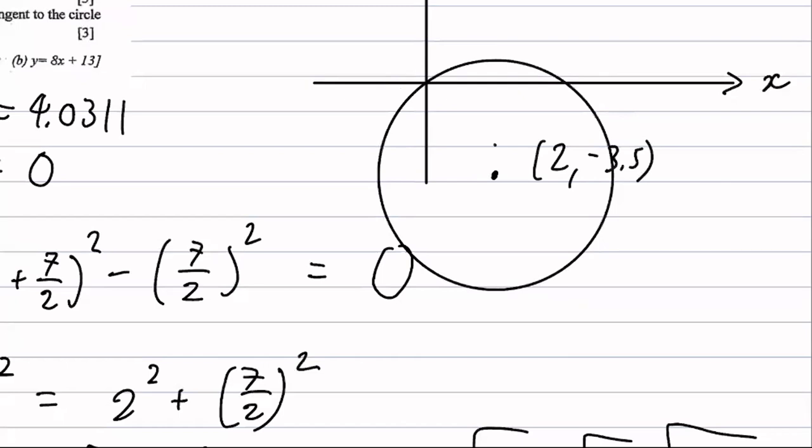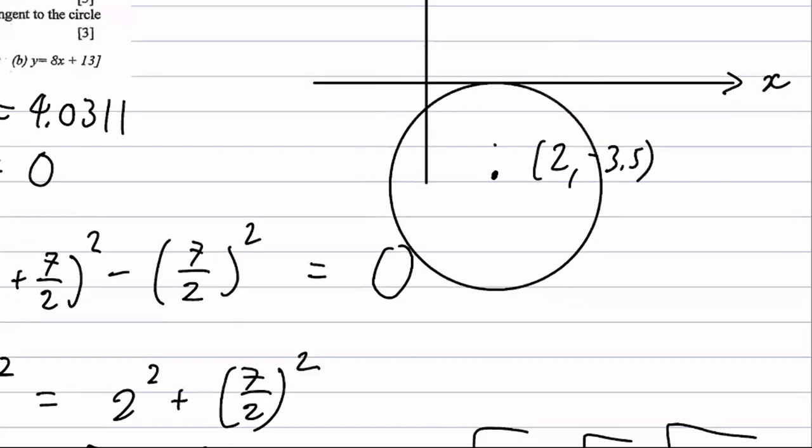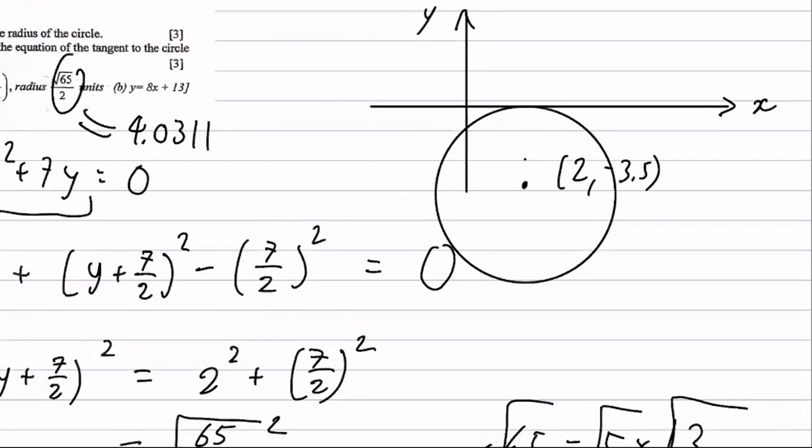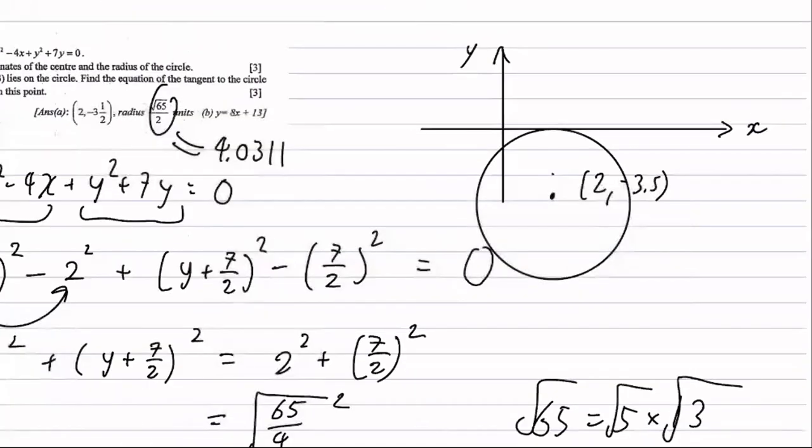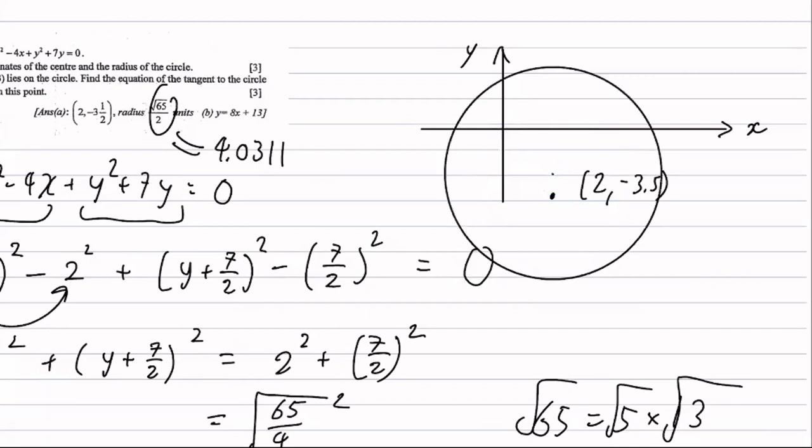You take 2 plus square root 65 over 2. That will give you the horizontal length, right? Not really. I'm asking origin. Is it outside the circle, on the circumference, or inside the circle?